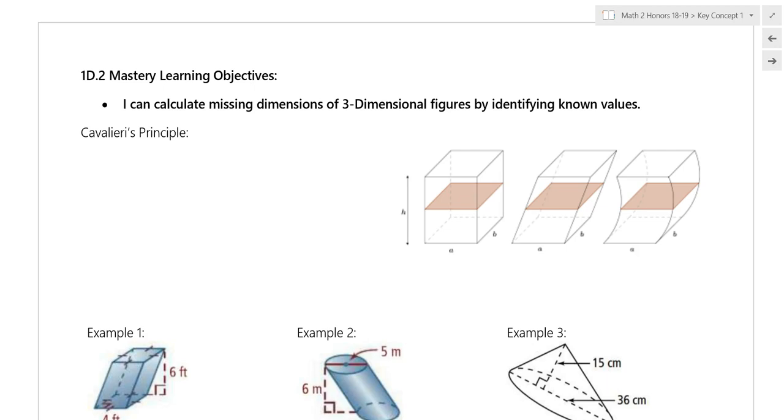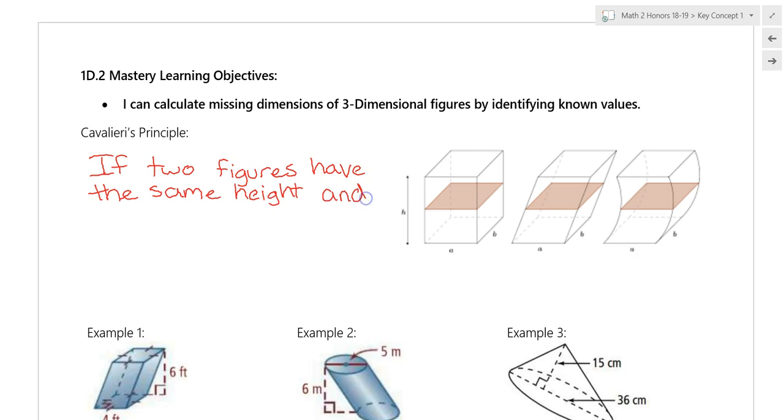Cavalier's principle states, if two figures have the same height and equal cross sections, and they have the same value.